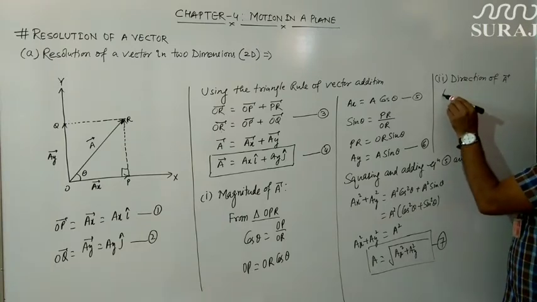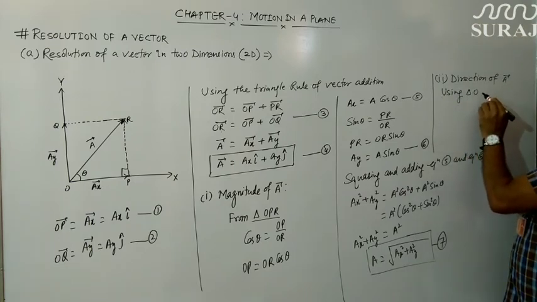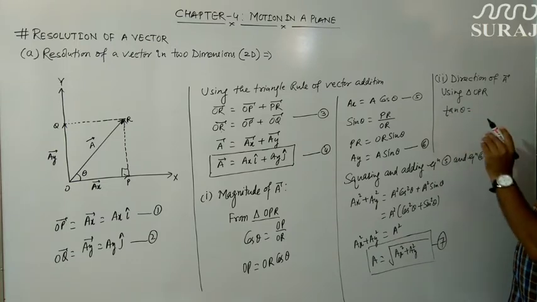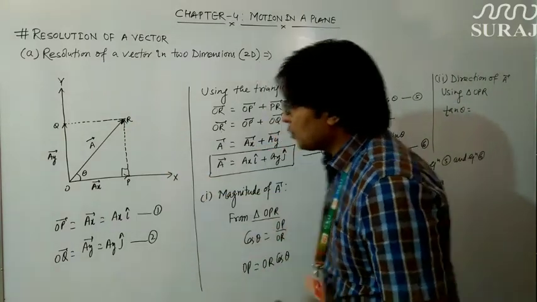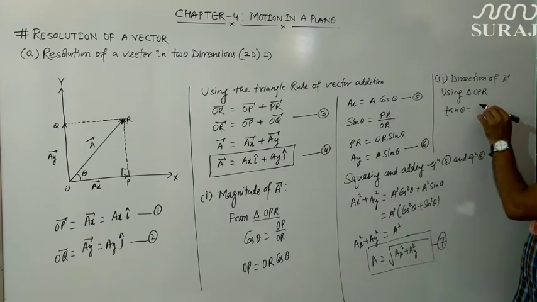So using triangle OPR, tan theta is equal to perpendicular upon base, and perpendicular is PR and base is OP. So it can be written as PR upon OP.